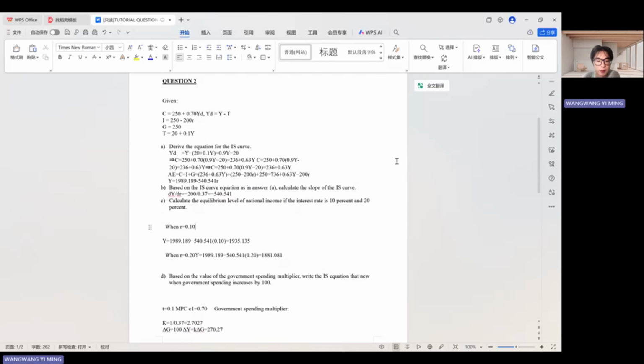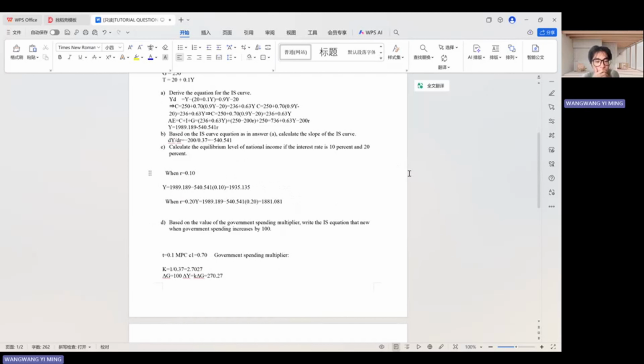We can get negative 540.541. For question C, when R equals 0.1, we can put it into Y. So we can get Y equals 1989.189 minus 540.541 times 0.1, we can get 1935.135.